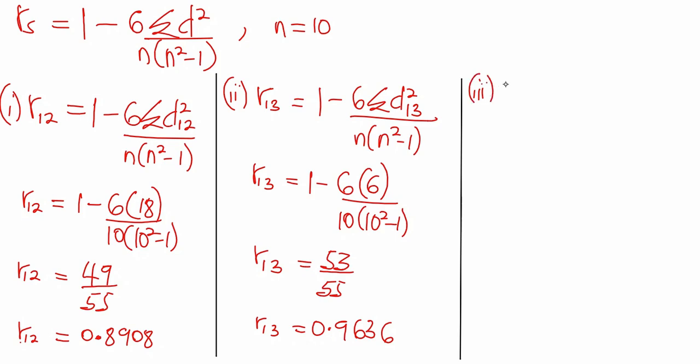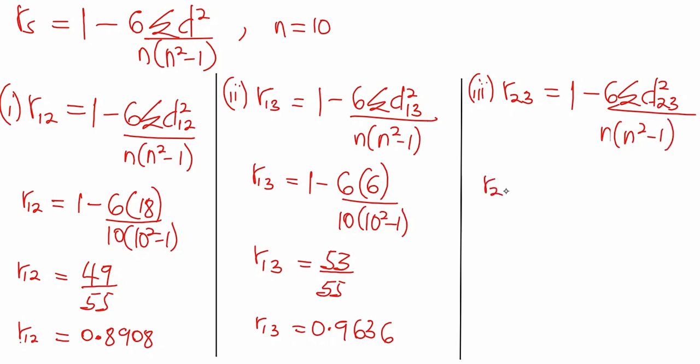We continue to the third rank correlation coefficient for examiner 2 and 3, of which we are going to have 1 minus 6, the summation of the difference squared for examiner 2 and 3, all divided by n into bracket n squared minus 1.